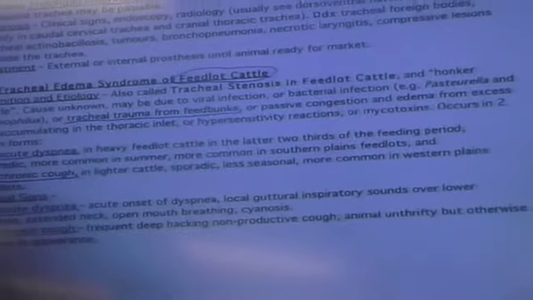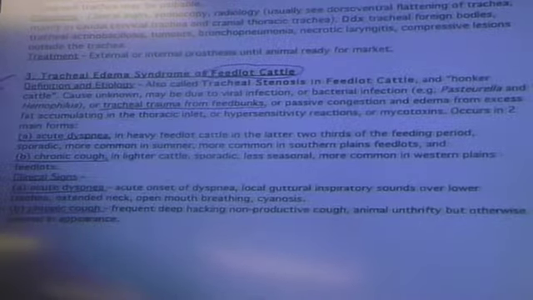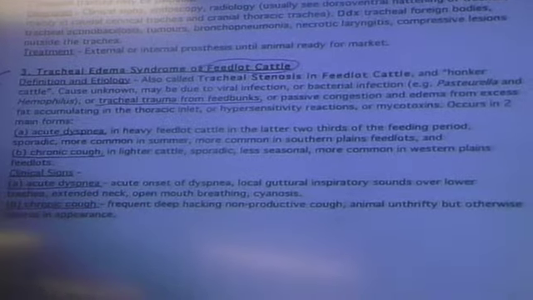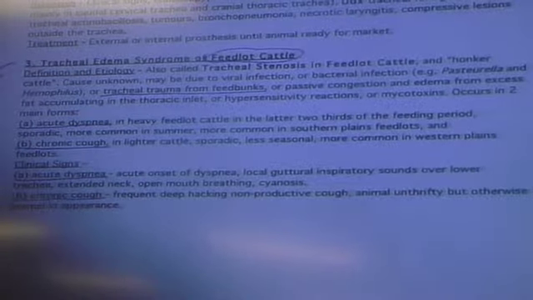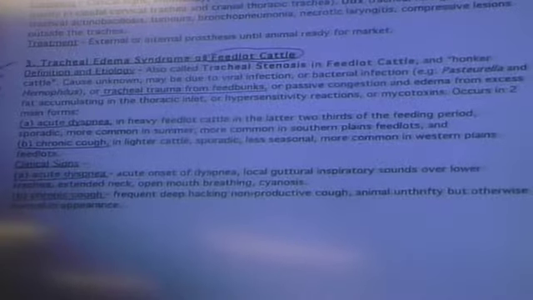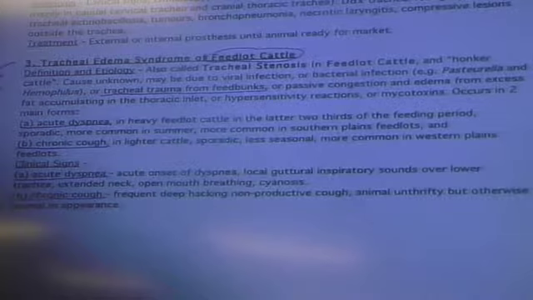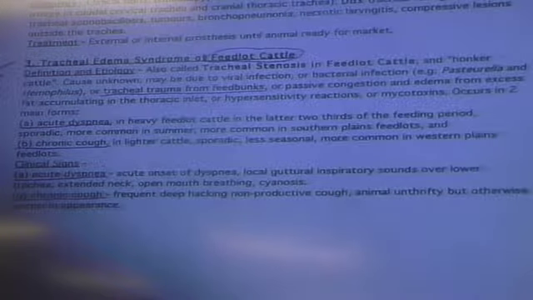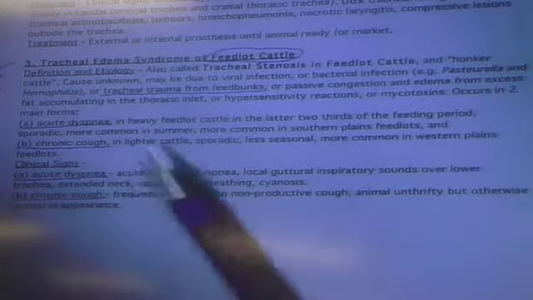All right. And then the last condition we look at in the trachea, tracheal edema of feedlot cattle. So again, a condition that tends to occur in feedlot animals. And the cause is unknown, so we're not sure exactly what causes it. The slides that I showed you last week, when I was showing you the feedlot slides, showed tracheal trauma from feed bones.